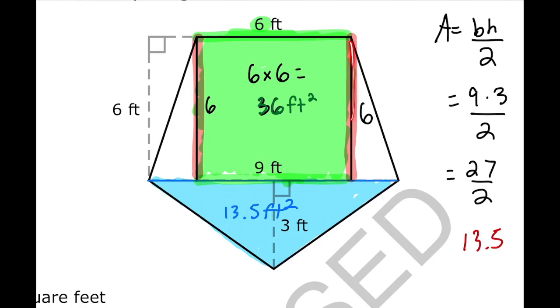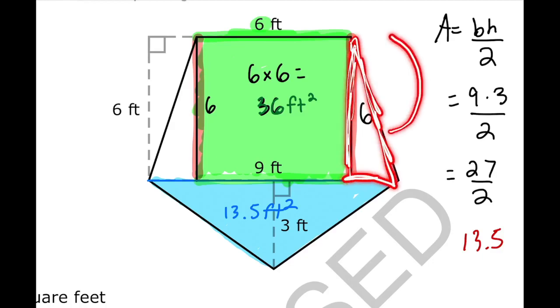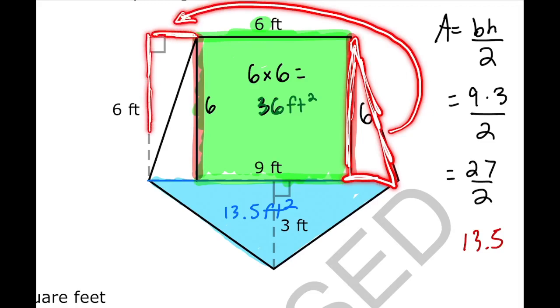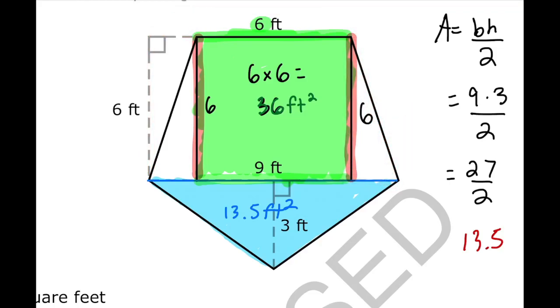That means we can cut up a complex shape and drag it over to another side. So for this, I'm going to decompose and rearrange this triangle. And if I bring that over, I see that now we have a rectangle.